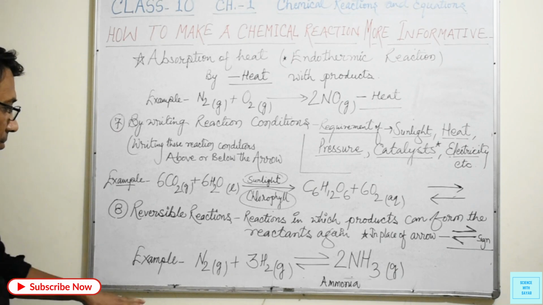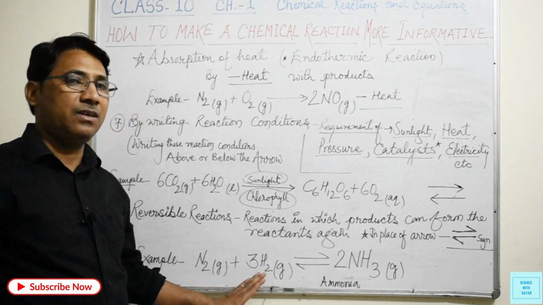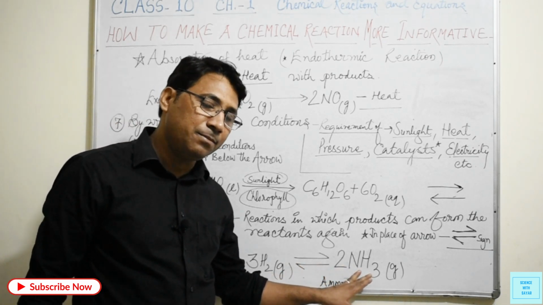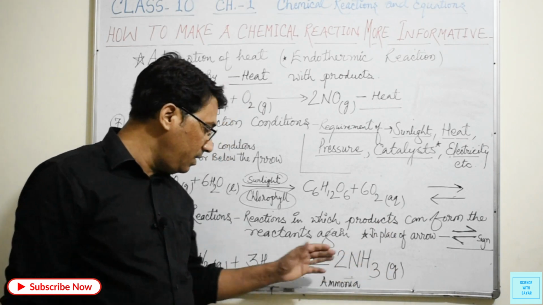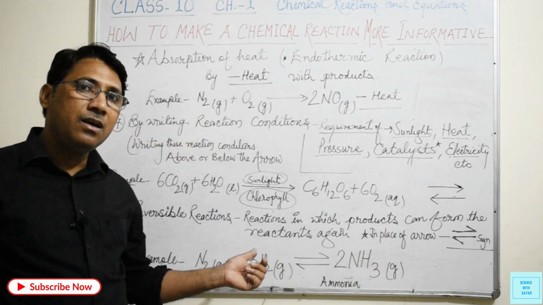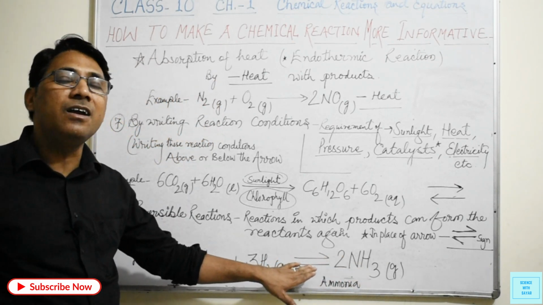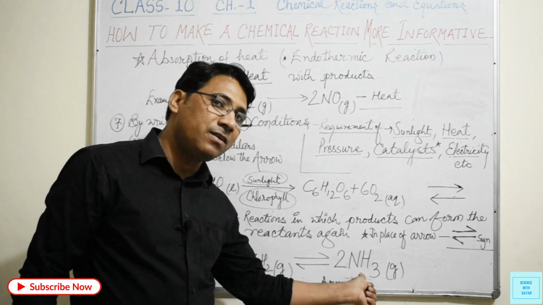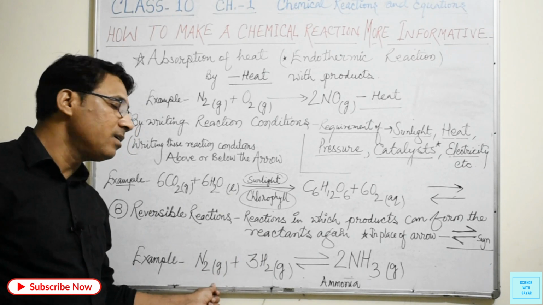For example, nitrogen gas and hydrogen gas in specific conditions react with each other and form ammonia, NH3. And again this ammonia, the product of these reactants, can form these reactants in specific conditions.